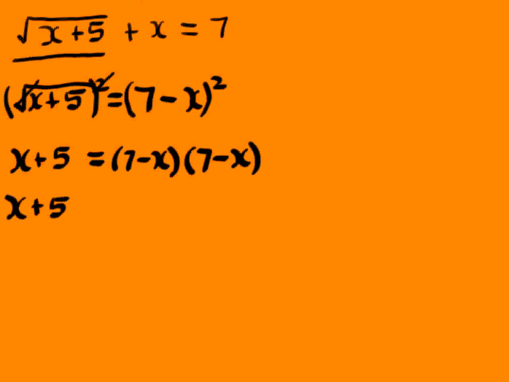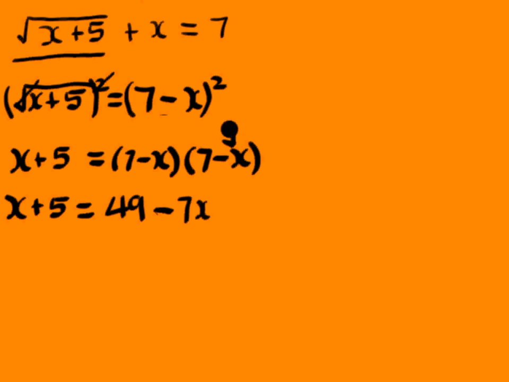So x plus 5 would be equal to 7 times 7, which gives us 49. You know how we do it now. This multiplies this, and it also multiplies this. So we FOIL it out. 7 times 7 gives us 49, and 7 times negative x gives us minus 7x.